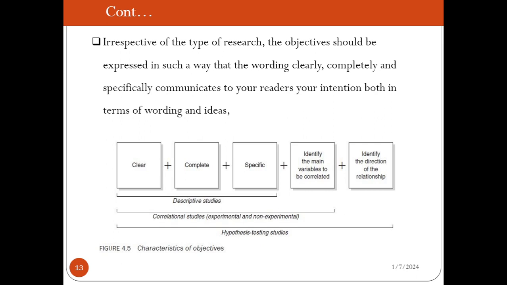And third, if you are testing a hypothesis, it means that you have, for example, two variables. In that case, the properties of your objective should be clear, complete, specific, and it should have one variable and also another variable.